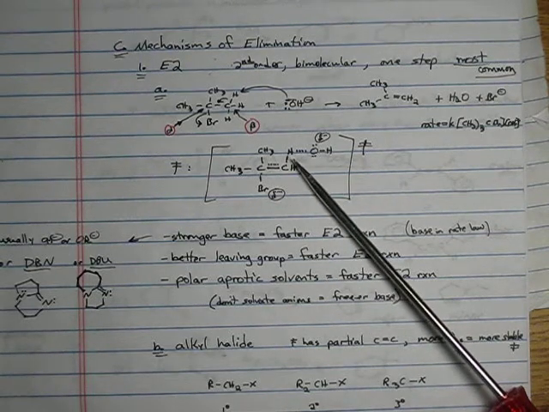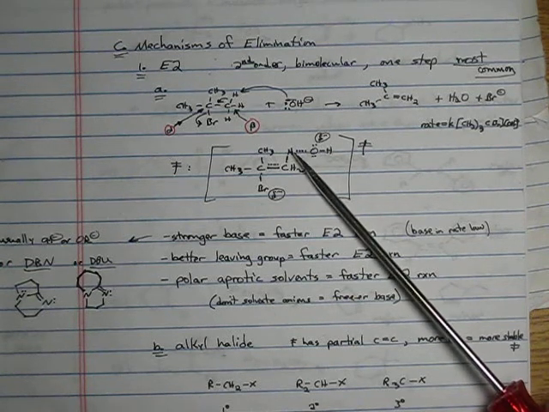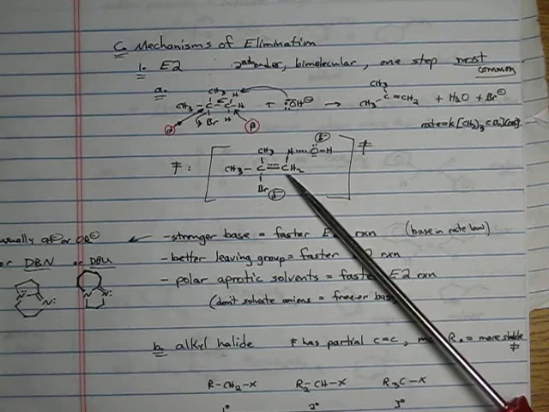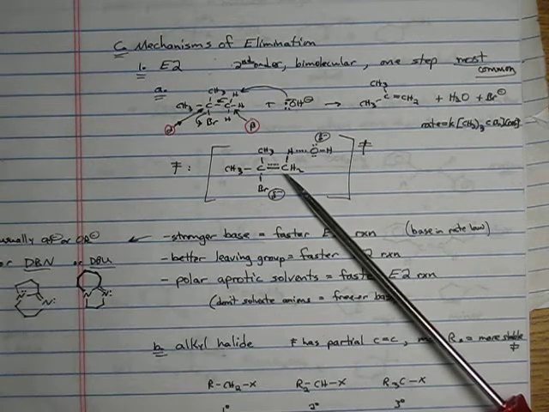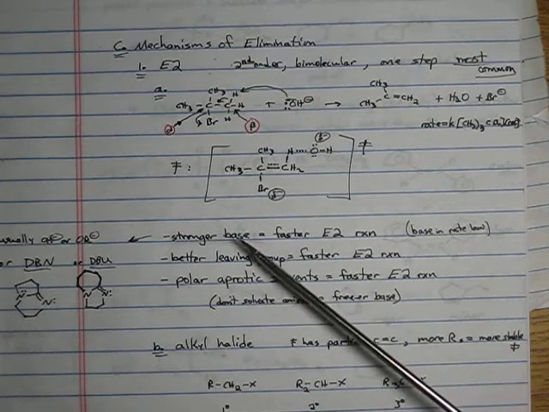Right now, those electrons are overlapping with the carbon's sp3 hybrid orbital. That sp3 hybrid orbital must change into an unhybridized p orbital in order to get that pi bond to form.